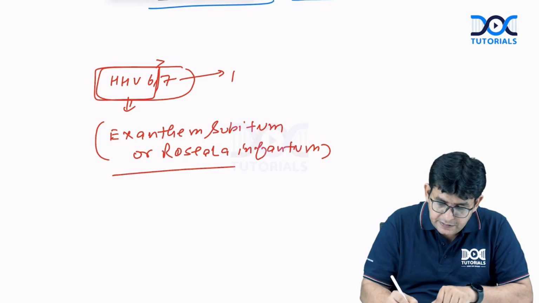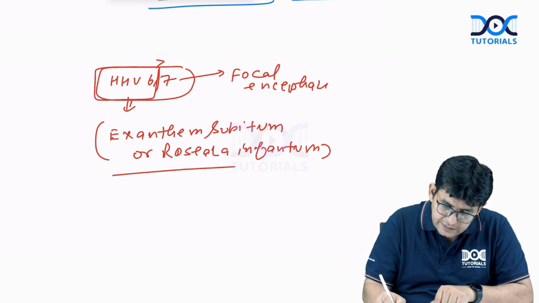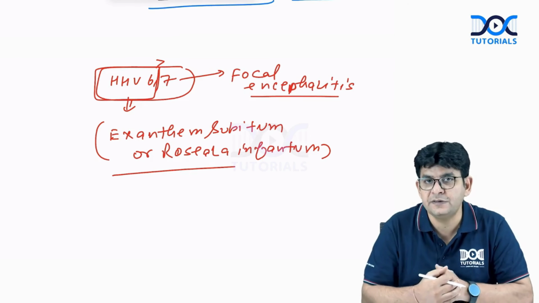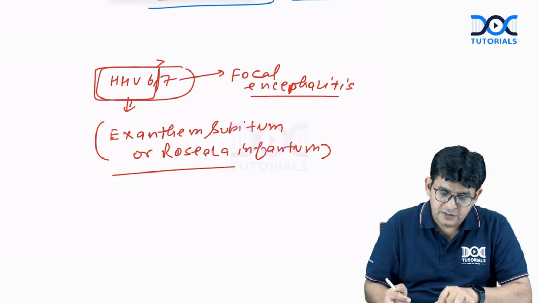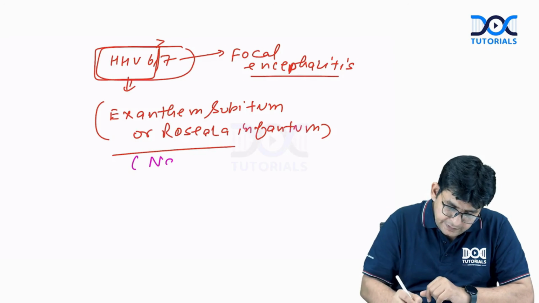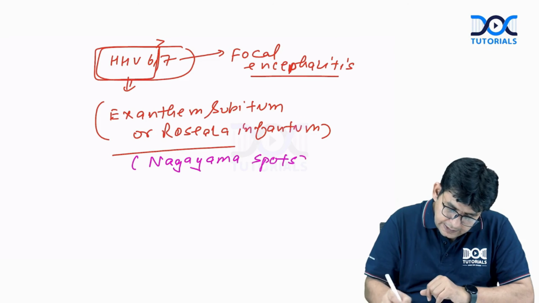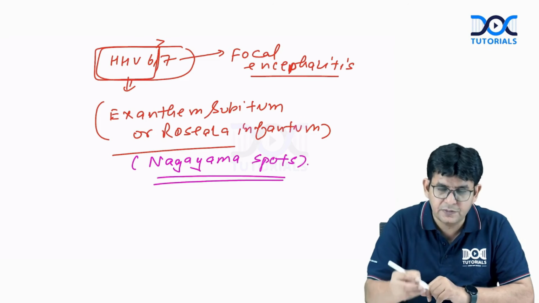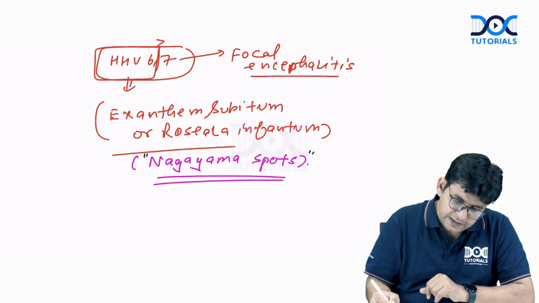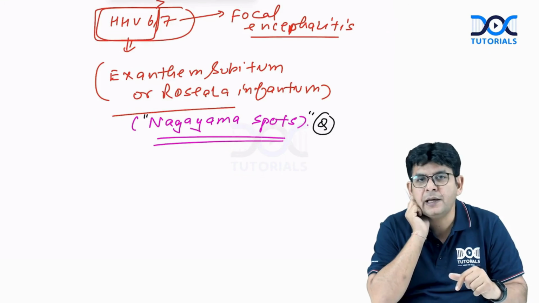And this HHV 7 leads to what, guys? Focal encephalitis. HHV 7. This exanthem subitum or roseola infantum is having which particular spots? Nagayama spots. This question might also be asked, which spots are observed in roseola infantum? The answer is Nagayama spots.